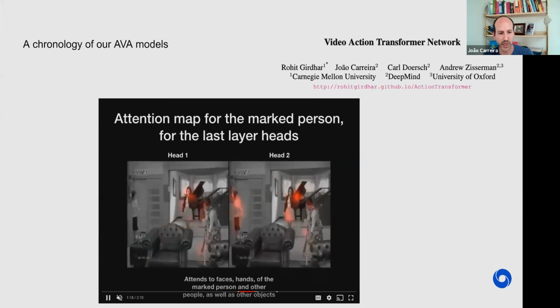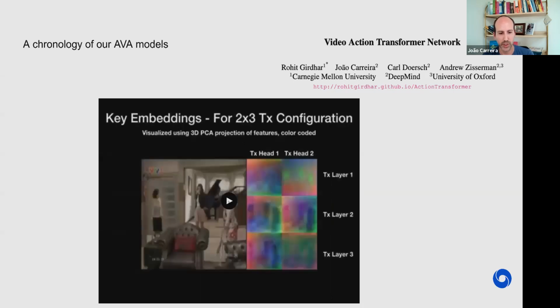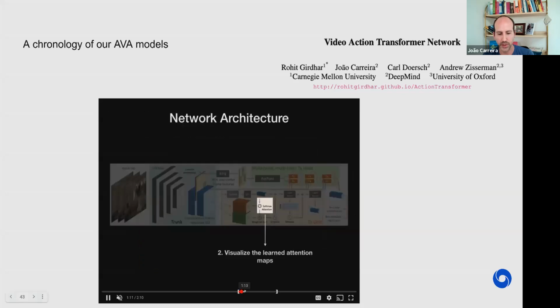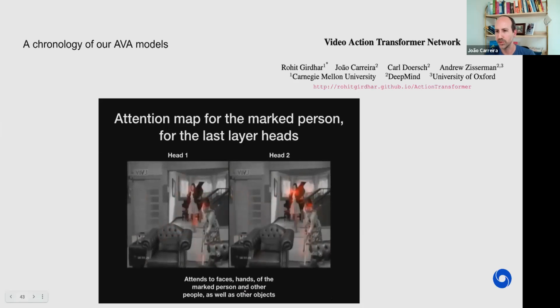If you wanted to recognize what the person in the middle with a box around it is doing, the model would attend to the other people, shown here in red in the attention maps, and also to objects around them. This was a fairly interesting visualization, and it motivated us to pursue transformers further. Some of this ended up in the Perceiver work I'll present a bit later.